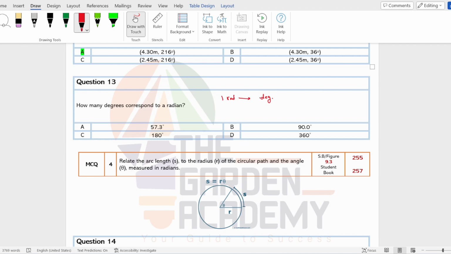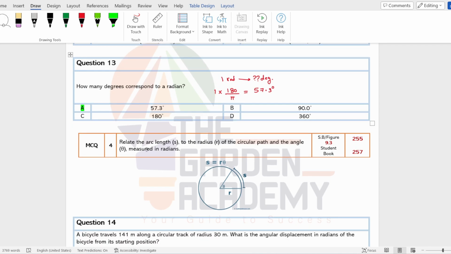Of course, the value of the degrees will be unknown. In this case we have to multiply by 180 divided by pi. If we do that we will get the answer of 57.3 degrees. So the answer is A.